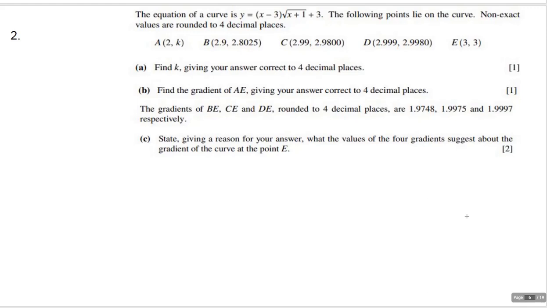So, in this part here, you'll notice we've got this equation, and granted, this is a pretty weird equation, but it looks like this, okay? And then we've got these points on the curve. Here's a point A, and then B, and you'll notice this pattern here.